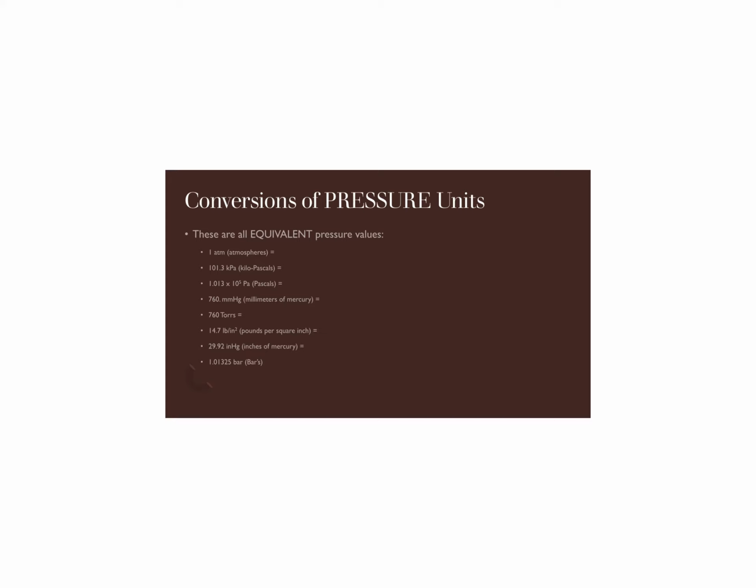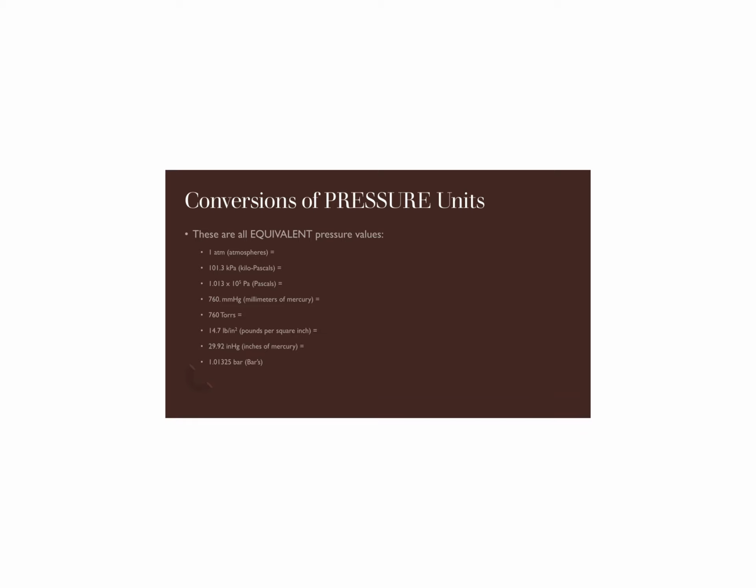Throughout my life, I've actually been paying attention to this, and I have seen almost all of these different units in various places, whether we're looking at a car, whether we're at the hospital, whether I'm looking at a piece of scientific equipment. I've seen most of these different units actually being used still. Some not, but most of them. So let me just quickly go down the line and say all of these.